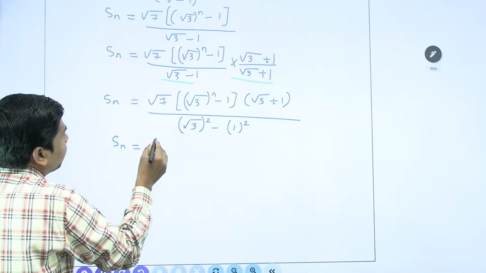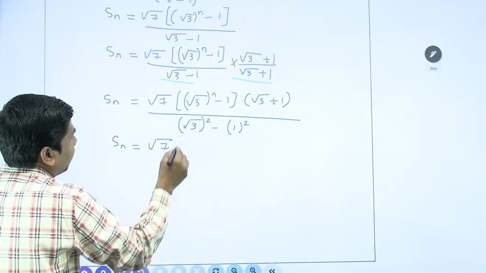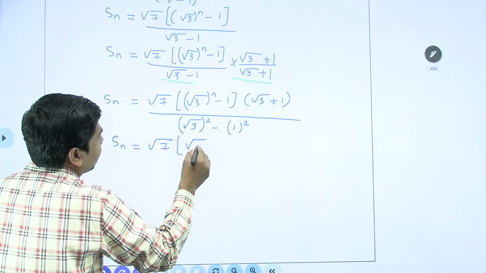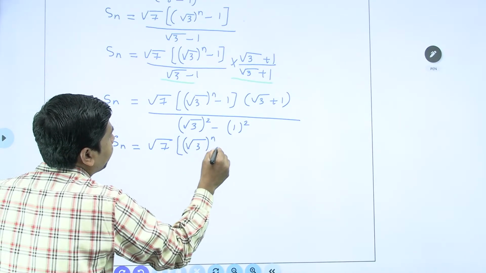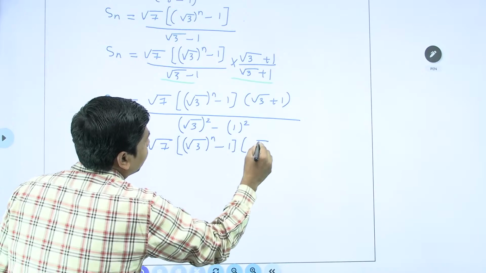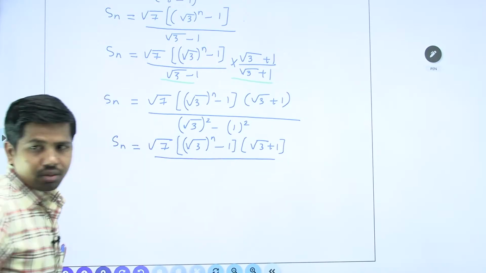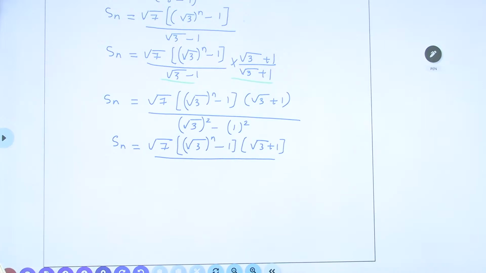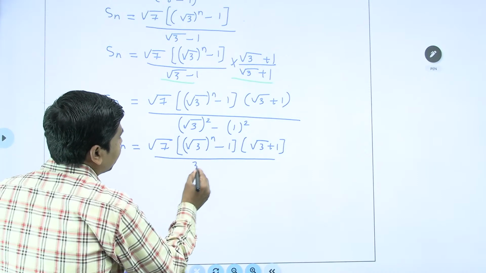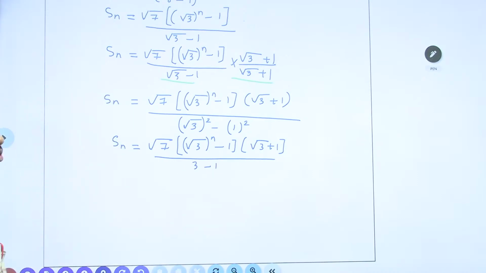Sn equal to root 7 into root 3 power n minus 1. Root 3 squared is 3, 3 minus 1 is 2, we can write.